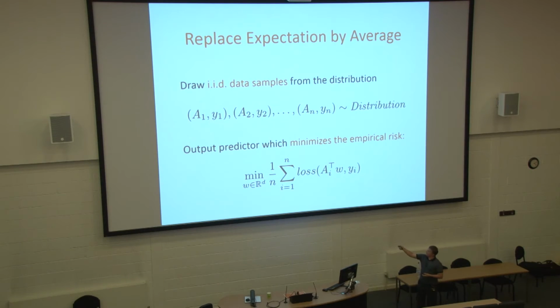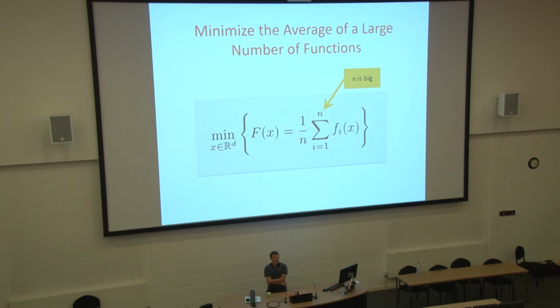So the more I have, the better approximation I have. So suddenly what I want to do is minimize an average of a huge number of functions, which is just the problem I told you was the problem behind the training of the neural network in the AlphaGo example. So that's the problem, and you can abstract from the particular structure of the loss. You solve that somehow, and when you solve it, then you have solved your problem and you have the predictor.